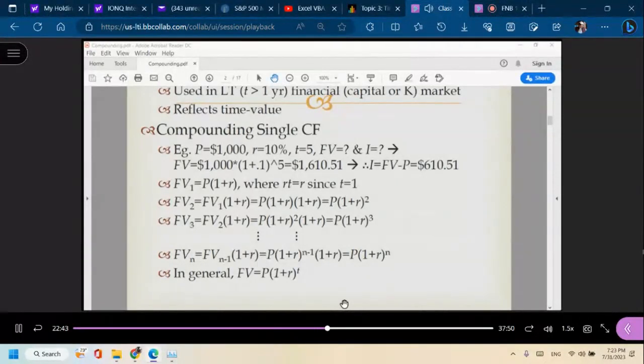Time can be in many different units, such as years, months, weeks, days, so this is just a generic notation to represent the future values, the present value compounded in time periods, and n represents the actual number of periods.